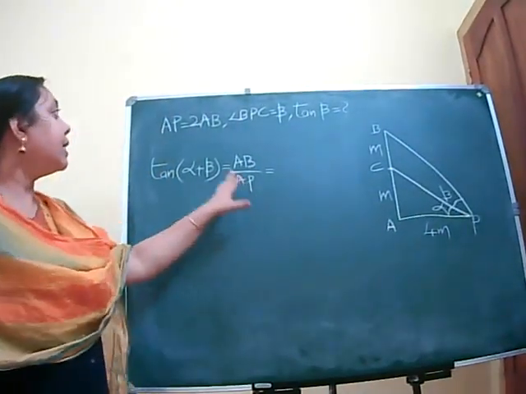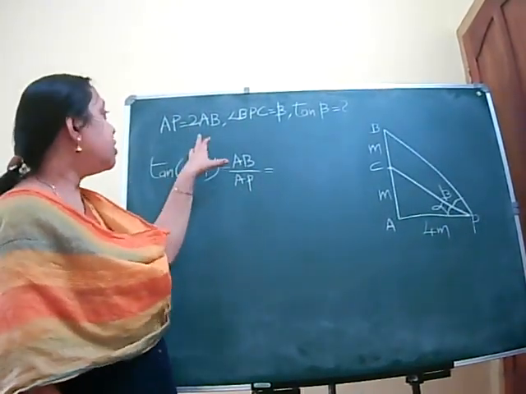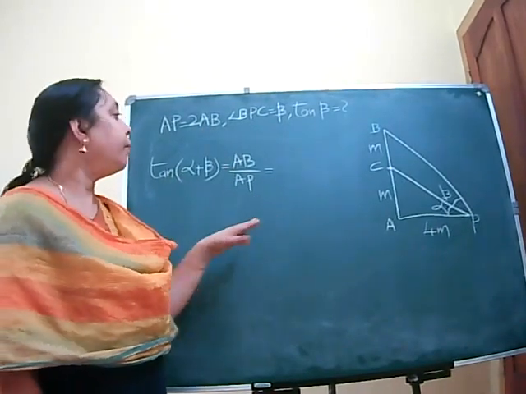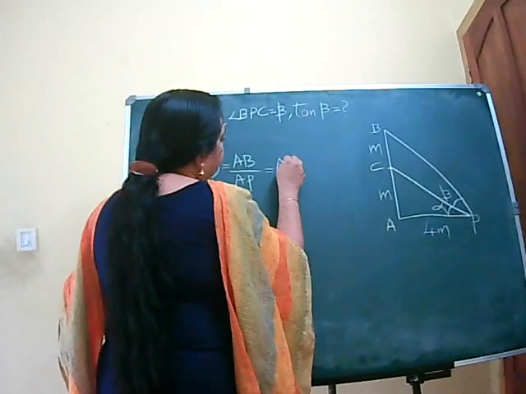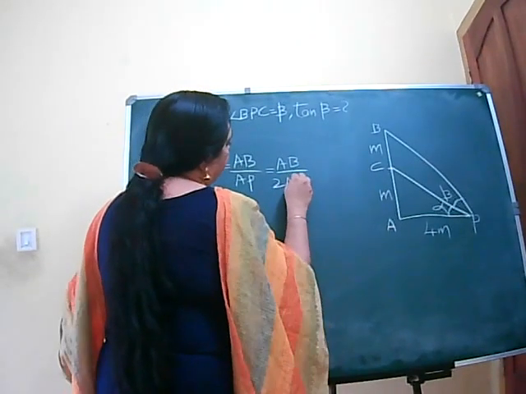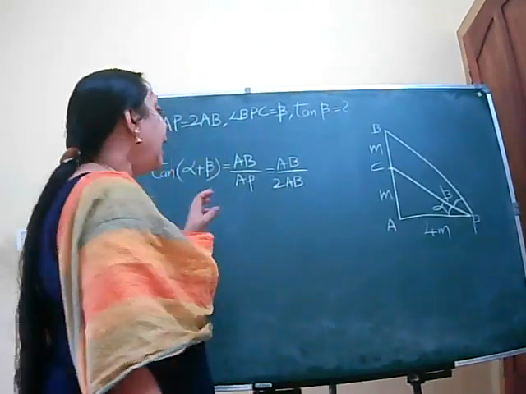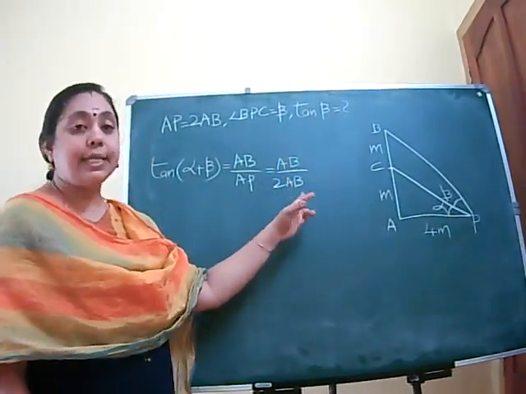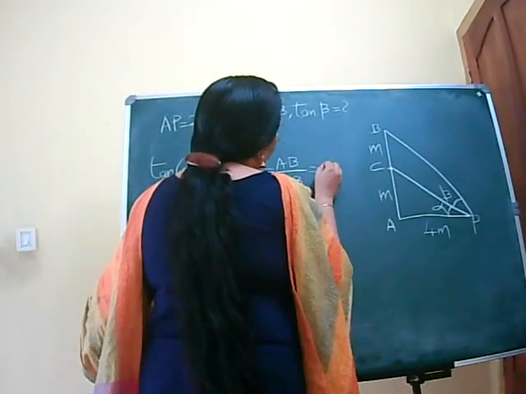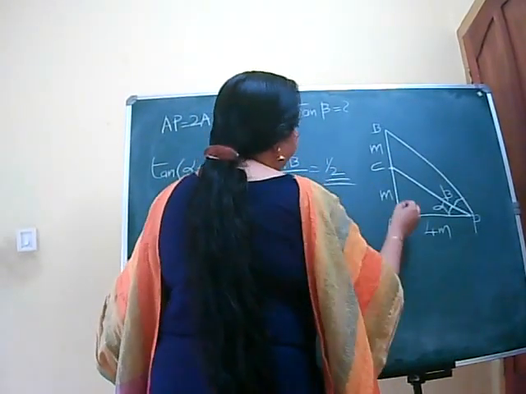We are given that AP is 2 times AB. Then this becomes AB divided by 2AB. AB gets cancelled, so this becomes half.